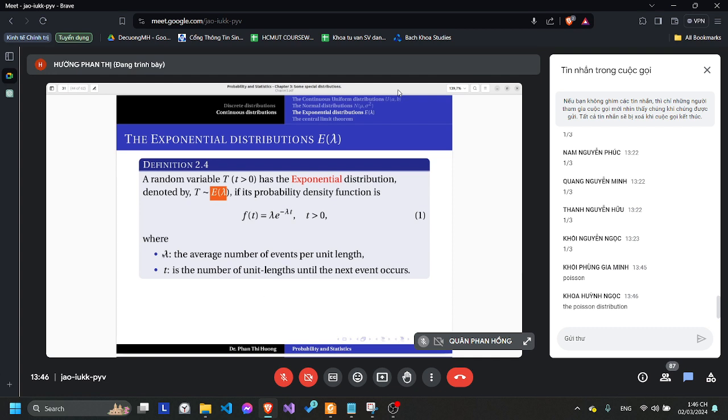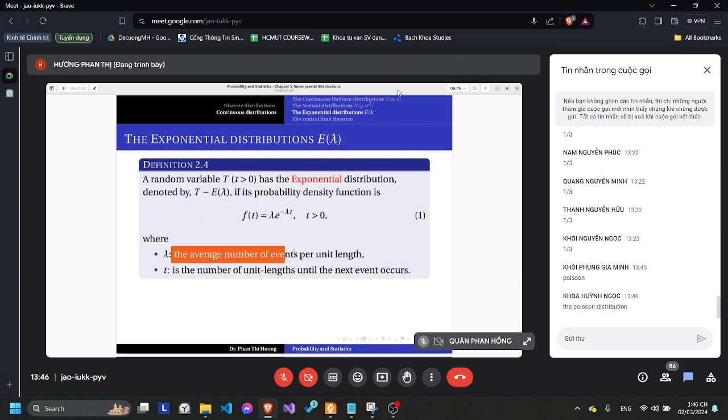Because of the parameter lambda, right? When we work with the Poisson distribution, the unique parameter in the Poisson distribution is the parameter lambda. Similarly here, lambda still indicates the average number of events per unit length. So you can see that the definition of lambda in the exponential distribution is exactly the same as the definition of the parameter lambda in the Poisson distribution.